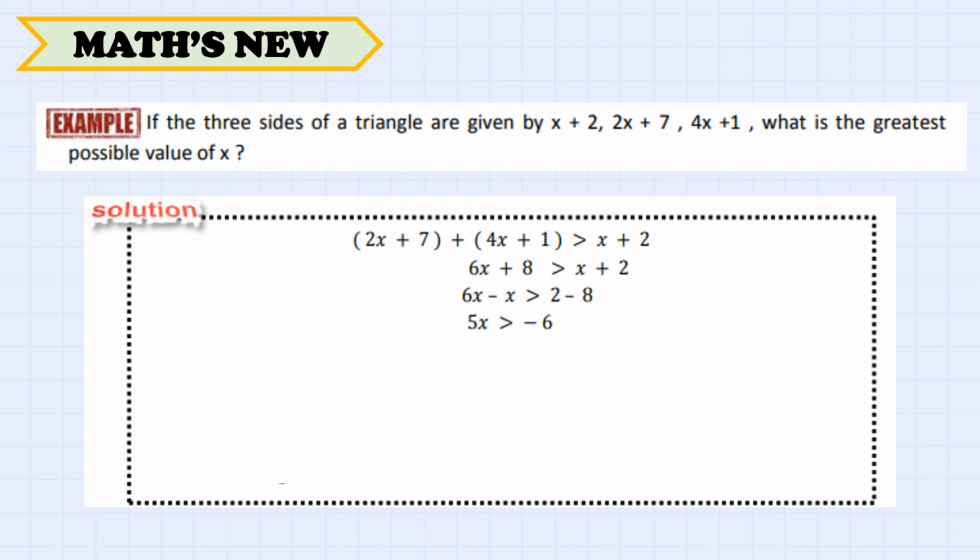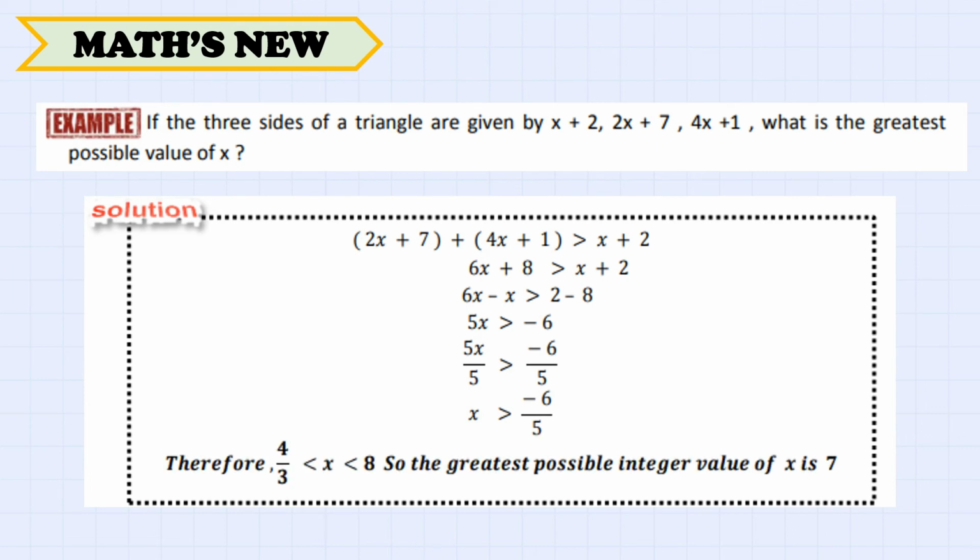Therefore, 5x is greater than negative 6. Then, to find the value of x, let us divide both sides of the inequality by 5. x is greater than negative 6 over 5. Therefore, 4/3 is less than x, and x is less than 8. So the greatest possible integer value of x is 7.